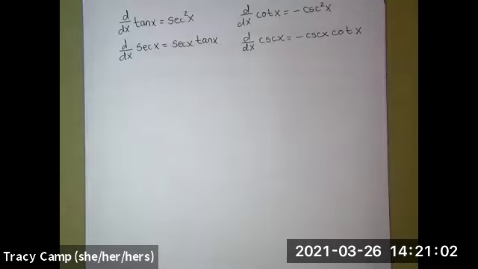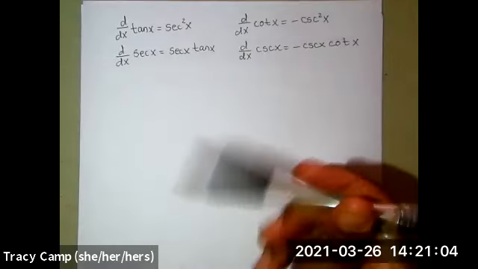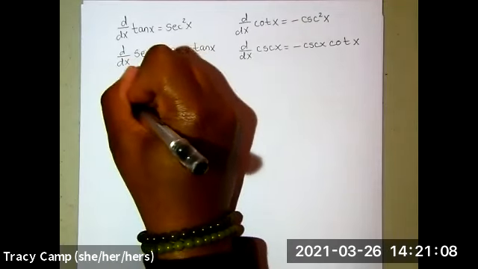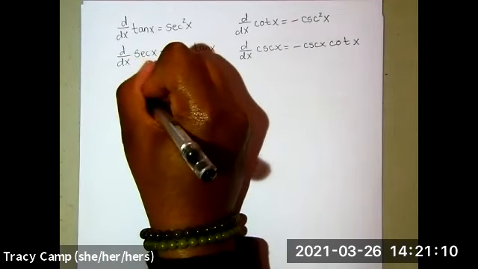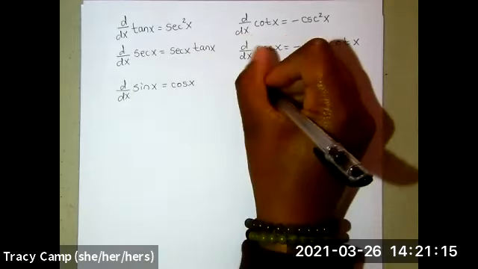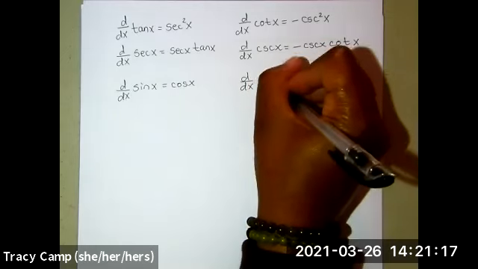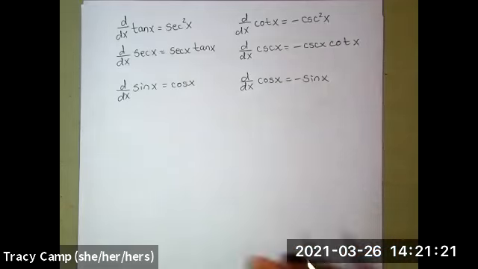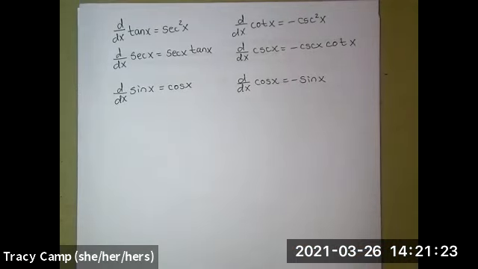So I'll just prove these. These proofs are really quick compared to the derivatives of sine and cosine, because you can just use the quotient rule. By the way, I'm not proving the quotient rule, just because its proof is really similar to that of the product rule.